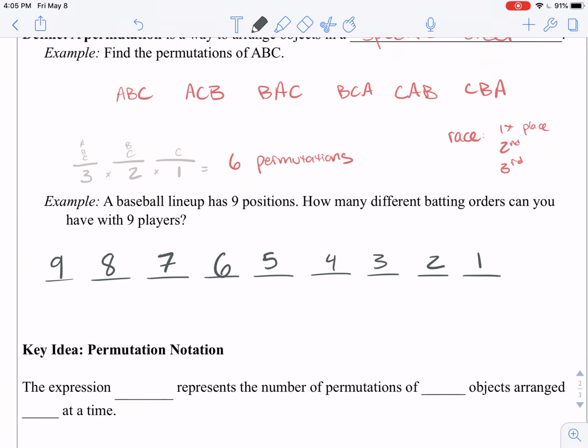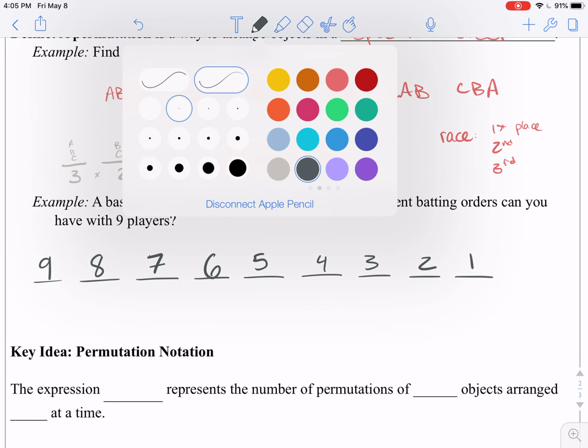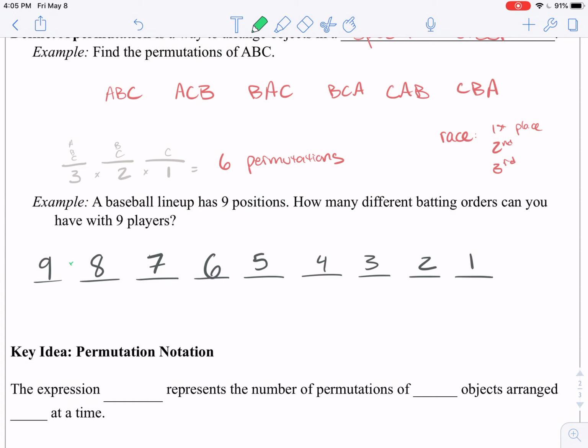Now, according to what we learned earlier, to find out how many options we have, we just multiply across. 9 times 8 times 7 times 6 times 5 times 4 times 3 times 2 times 1, and that's equal to 9 factorial. Cool. But also we can multiply that out, right? 9 times 8 is 72, times 7 times 6, which is 42, times 5 times 4, which is 20, times 6.